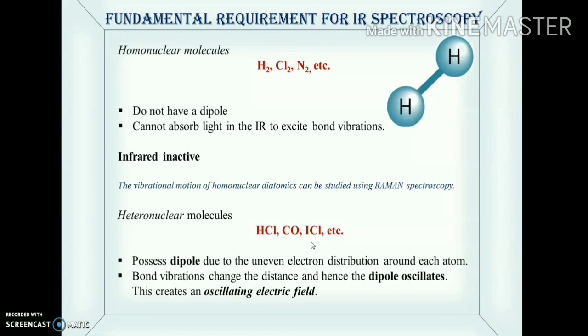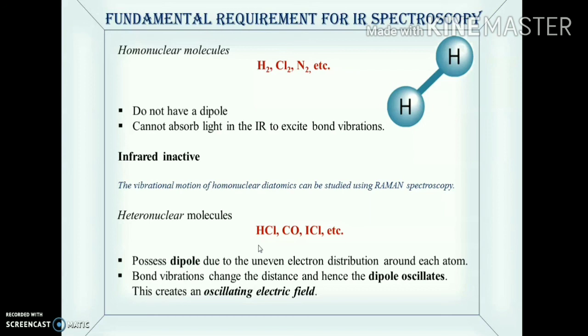So such molecules possess a dipole due to the uneven distribution of electrons around each atom. Why? Because the atom which is more electronegative will obviously try to attract the other electron also towards itself, and hence there will be an uneven distribution of electrons upon the two atoms, due to which a dipole is present.